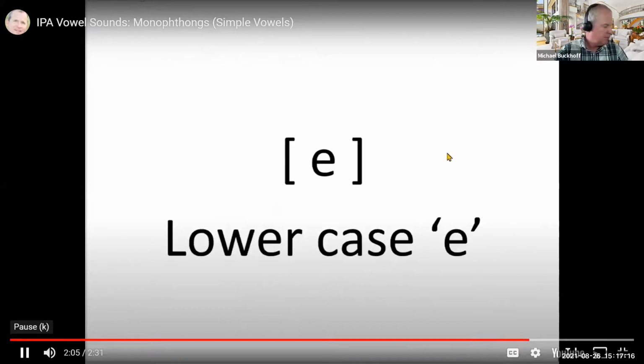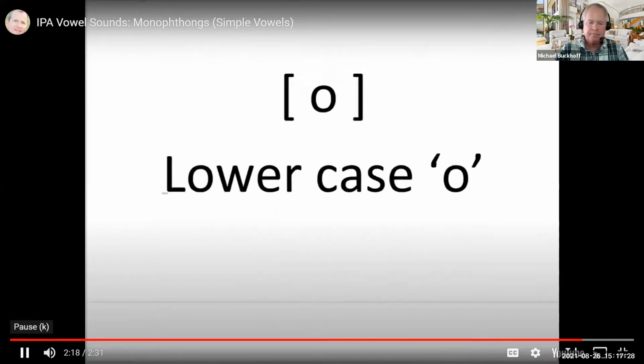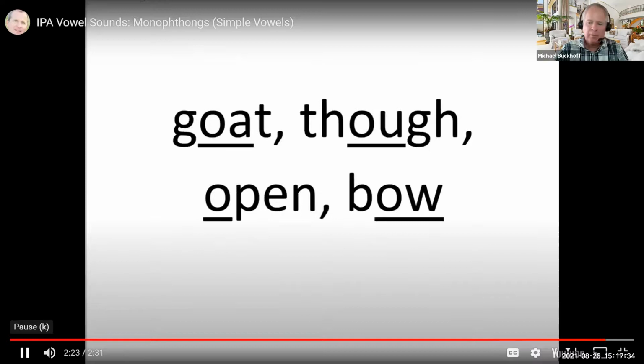Lowercase e: mate, blade, they, rain, break, age. Lowercase o: goat, though, open, bow.